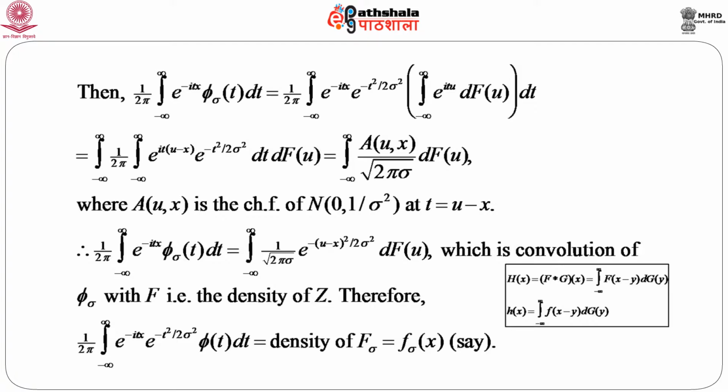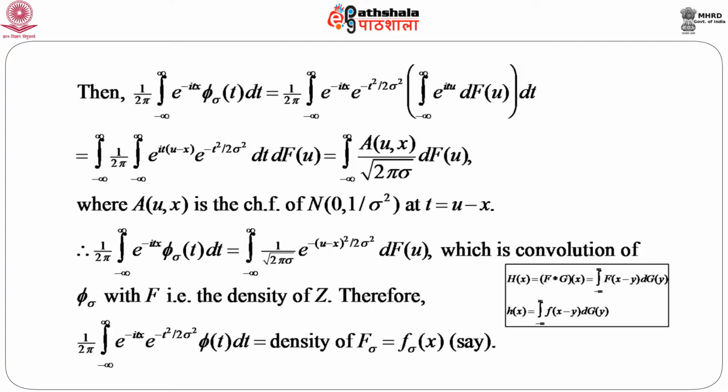So, we are basically changing the order of integration, obviously by Fubini's theorem, and we can write this entire thing as minus infinity to infinity a u x divided by root over 2 pi sigma into dF u. If we do just a simplification, we will see that this a u x is nothing but the characteristic function of a normal 0, 1 by sigma square variable at t equals u minus x.